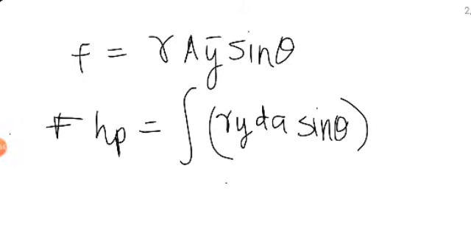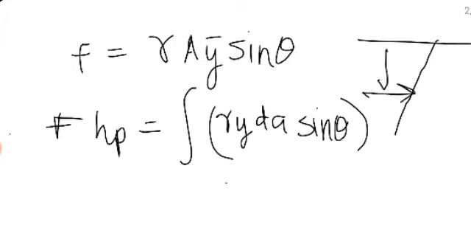Now, if we require the vertical distance while taking the moment, this is the inclined plane and we have the force acting like this. So this is the vertical distance we have to consider. It is nothing but y sine theta only.